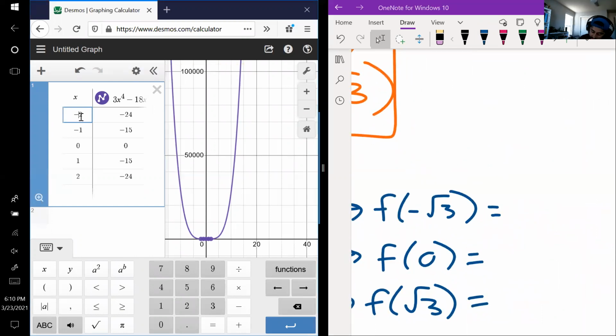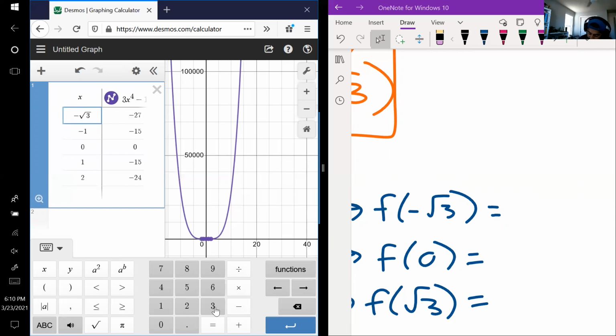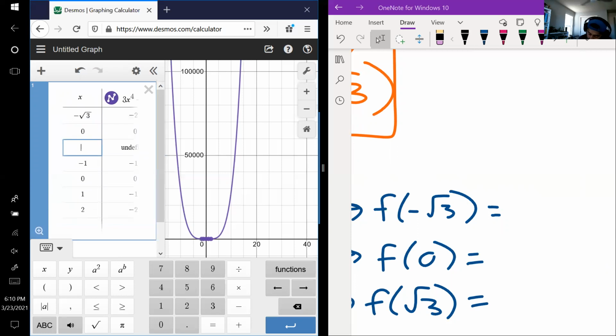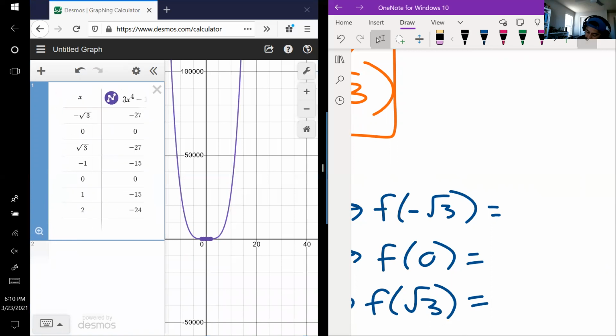All right, -√3, 0, and √3. All right, so I get -27, 0, and -27. Perfect.